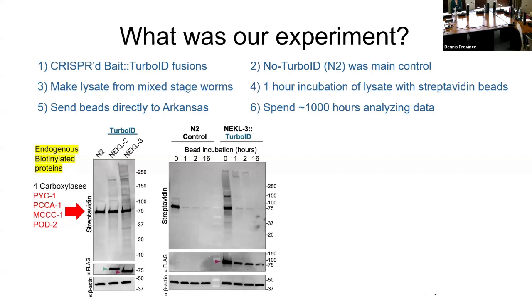Those are endogenously biotinylated proteins in C. elegans. And every organism has a subset, usually a very small subset of proteins that have biotin attached to them. In C. elegans, and I think in some other species, they tend to be these carboxylases. I have no idea what their functions are. I know they're quite abundant proteins in general.